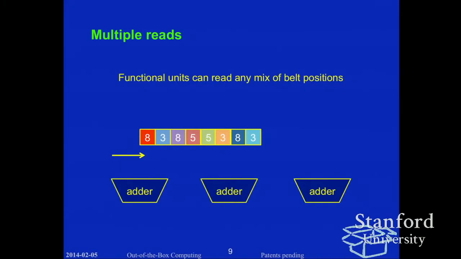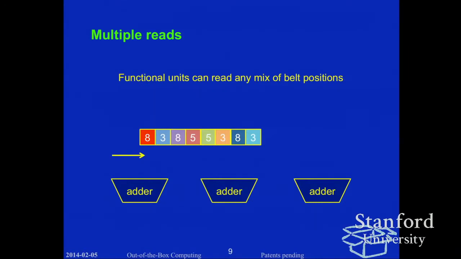The functional units, there are many. The Mill is a wide-issue machine in the sense that a single instruction can contain many operations, like a VLIW does. Fair warning, a terminological trap here. Most people are used to thinking that an add is an instruction. Once you're in the wide-issue world, an add is not an instruction. An add is an operation, and there may be a ton of other operations in the same instruction.